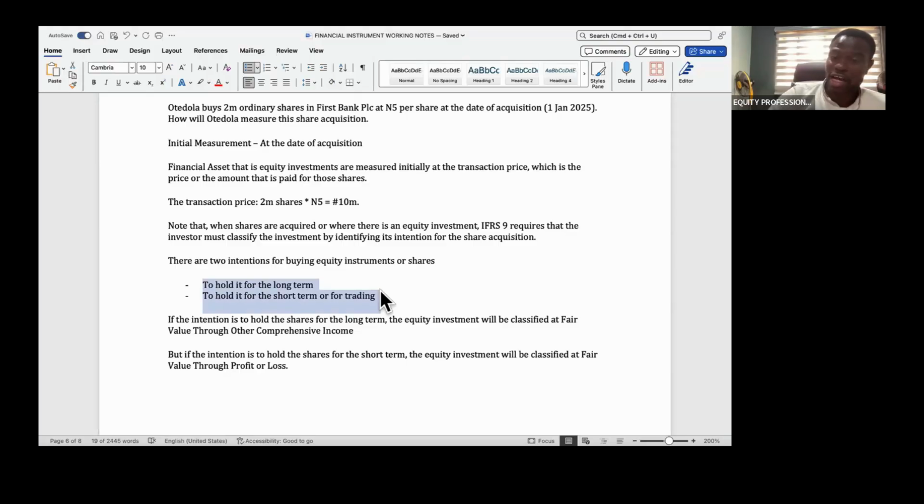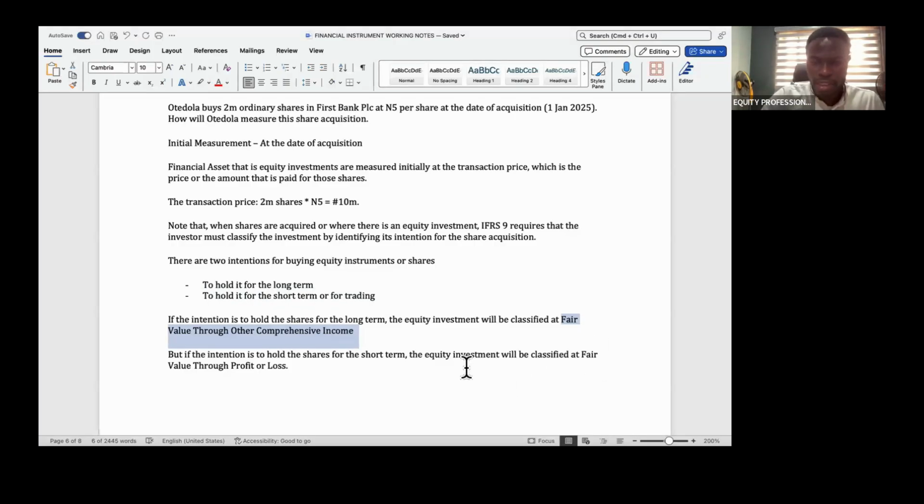As soon as you see that a financial asset is classified at fair value through other comprehensive income, you need to know that this company has acquired this financial asset to hold it for the long term. They will ask you in the exam, so you have to know.